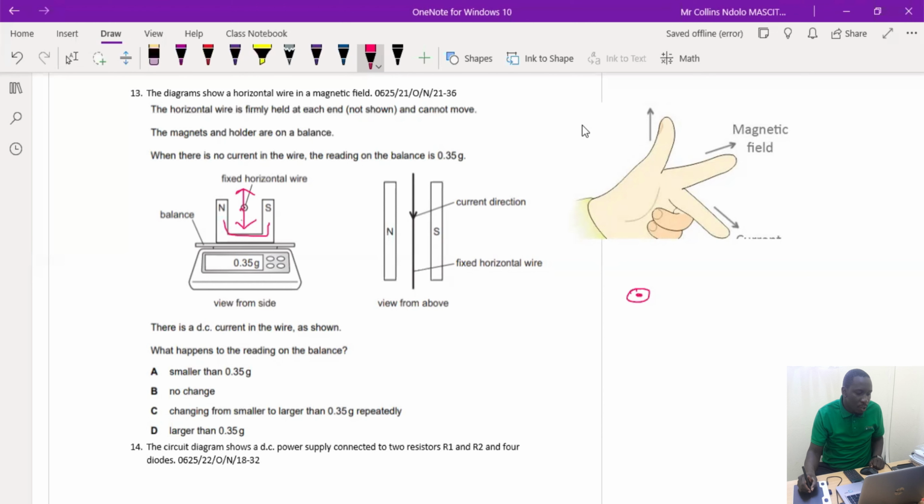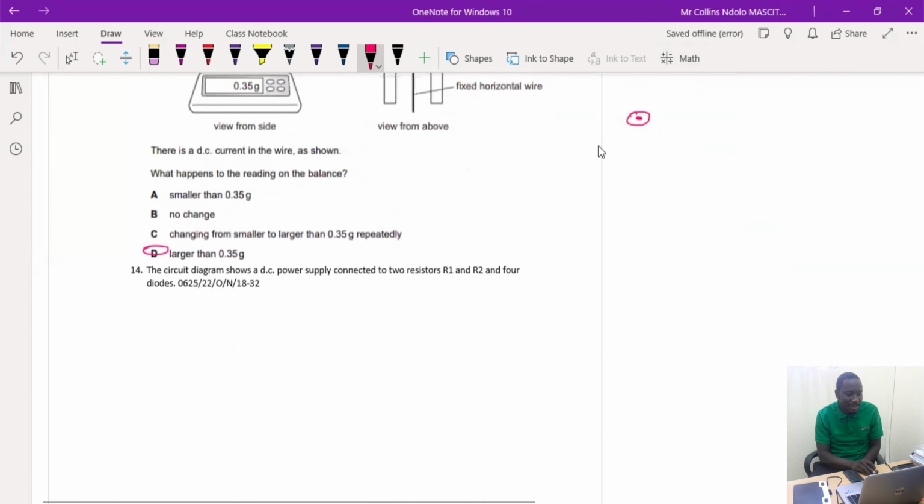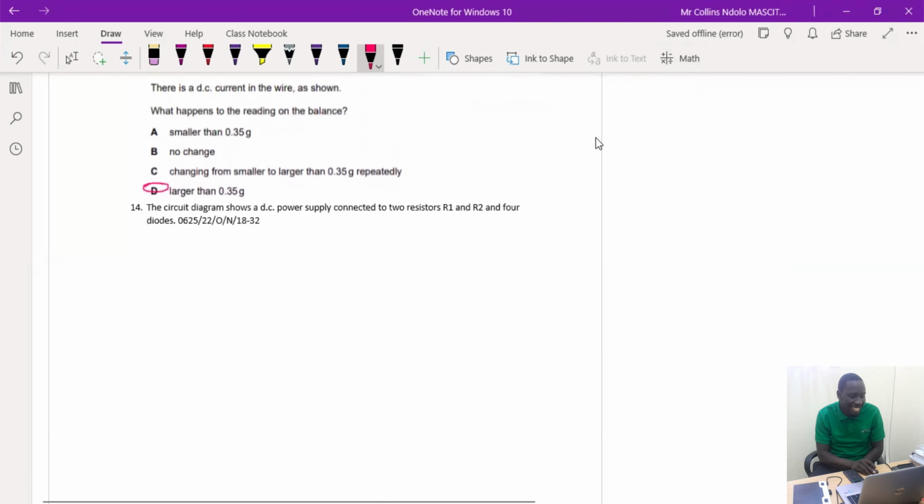So this reaction force will add an additional force on the magnet. And so we expect a reading more than 0.35 grams. So that is why the answer must be B. That was a tricky one.